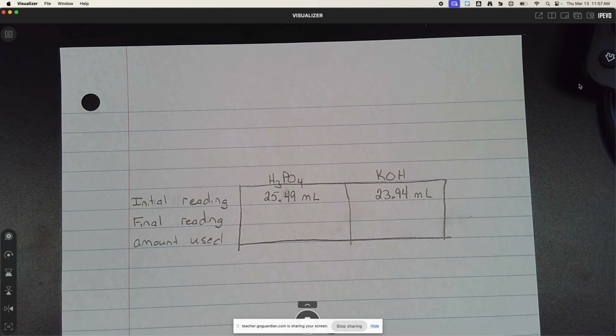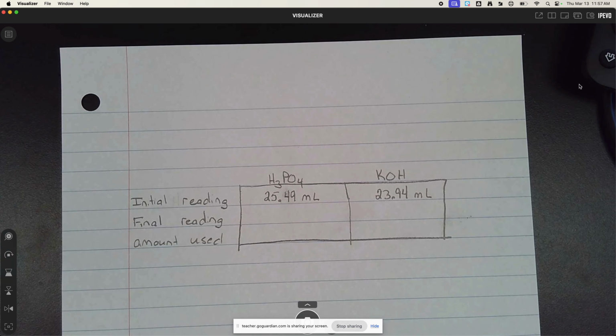Since I think I'm getting close, I'm going to do another rinse. Make sure I have everything down in the flask. And again, trying for 1 drop at a time here. Not quite there yet.